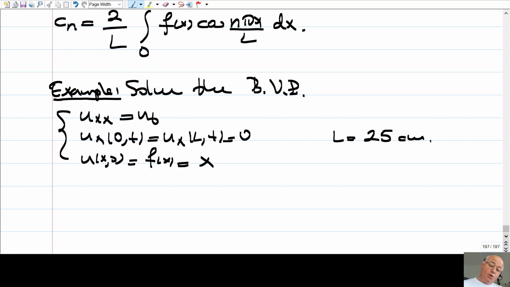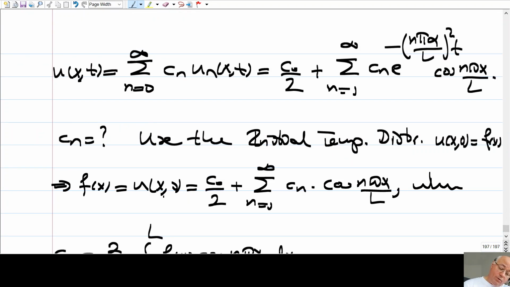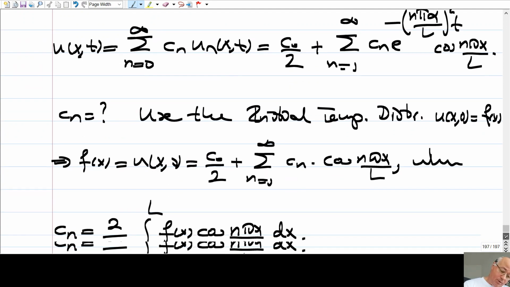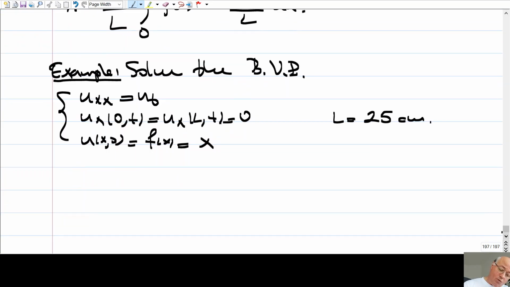I know that the solution has this form, and the Cn's are just numbers, so we just need to compute Cn's.